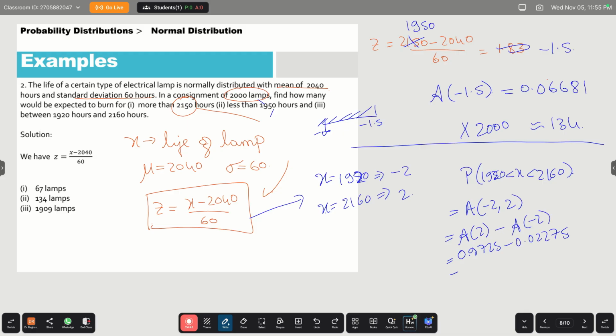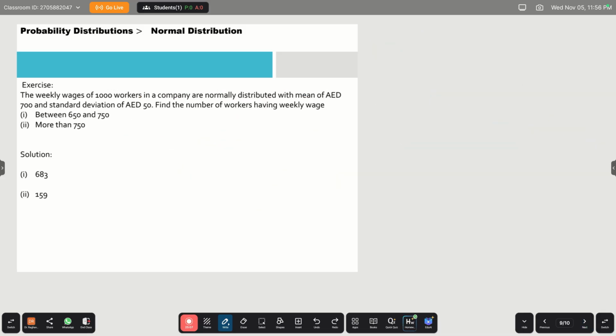So when you subtract them, you will have 0.9545. You just have to multiply this with 2000 lamps, and you will get approximately 1909 lamps that burn between 1920 to 2160 hours. Okay, so similarly, I'll leave this problem for your practice.